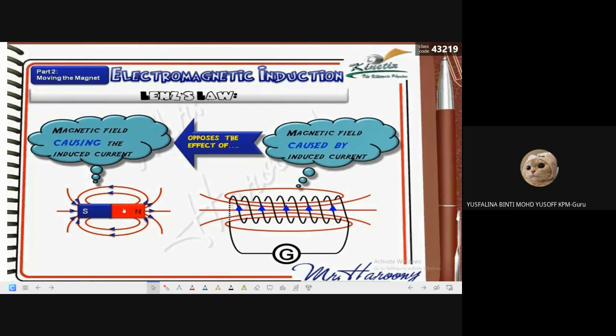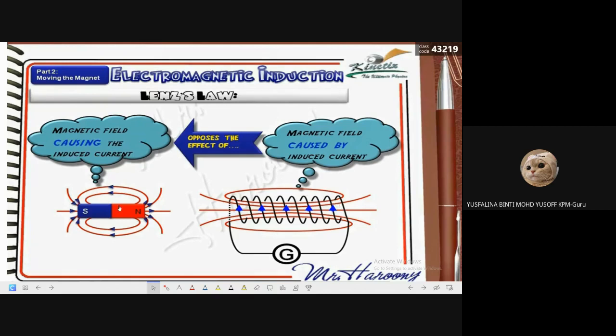So when it moves here, if we move towards it, this is north, this is south. Of course there will be a current flowing, because the magnetic field here is being cut. So there will be an induced current that flows. Then it will oppose the effect. So the magnetic field caused by the induced current, where does it come from?